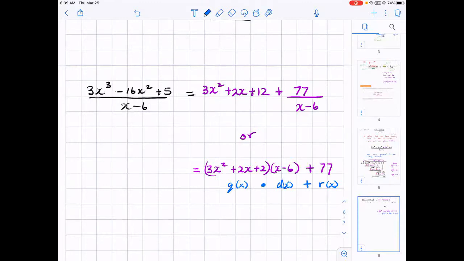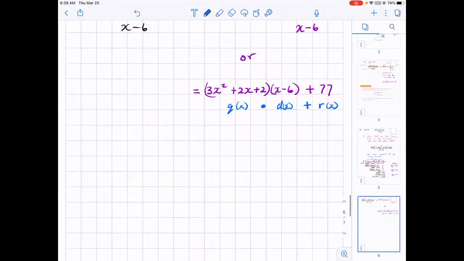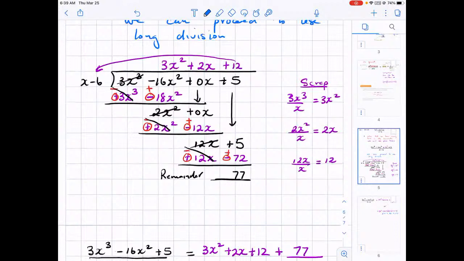So long division we have seen before. Now we're just putting it in some form of a special way of writing. As you can see, this is called long division, and here's why. It takes a lot of steps and it's very detailed, and you can very easily make mistakes with the signs, changing the signs and so on.